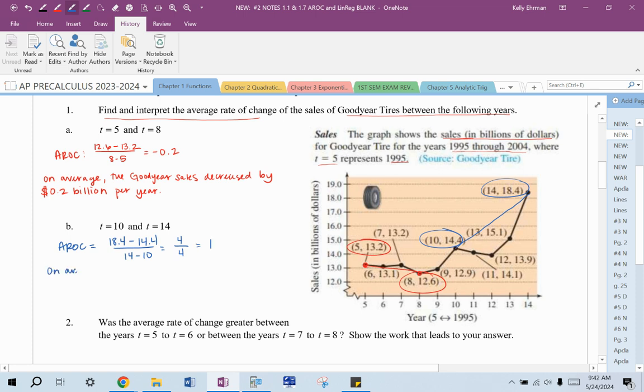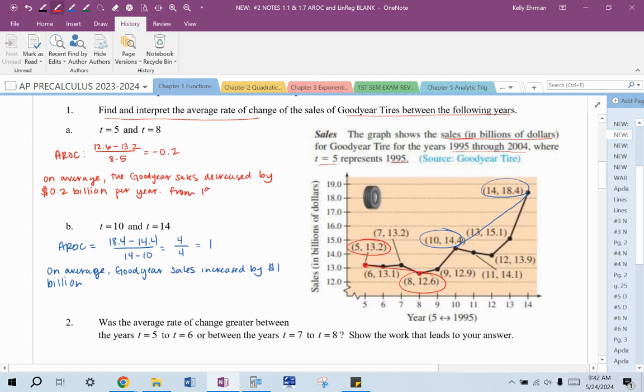On average, almost the same thing. Goodyear sales, they didn't decrease this time, they increased by 1 billion. Oh, I should have put in the previous one, sorry, per year from 5 to 8.